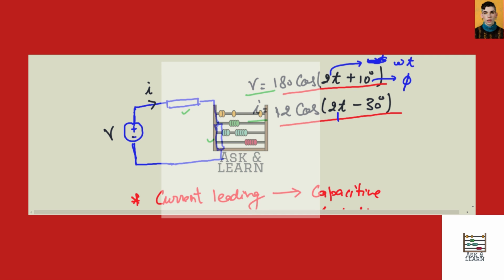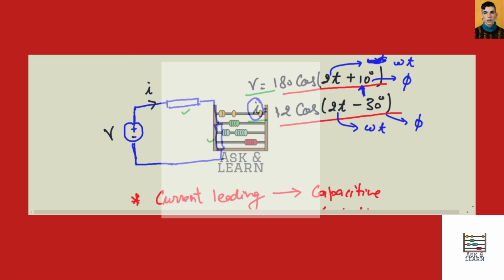Similarly over here, this is our omega t, and this is our phi. Looking at the phase difference, the voltage is leading from the current. The current is lagging from the voltage, right?